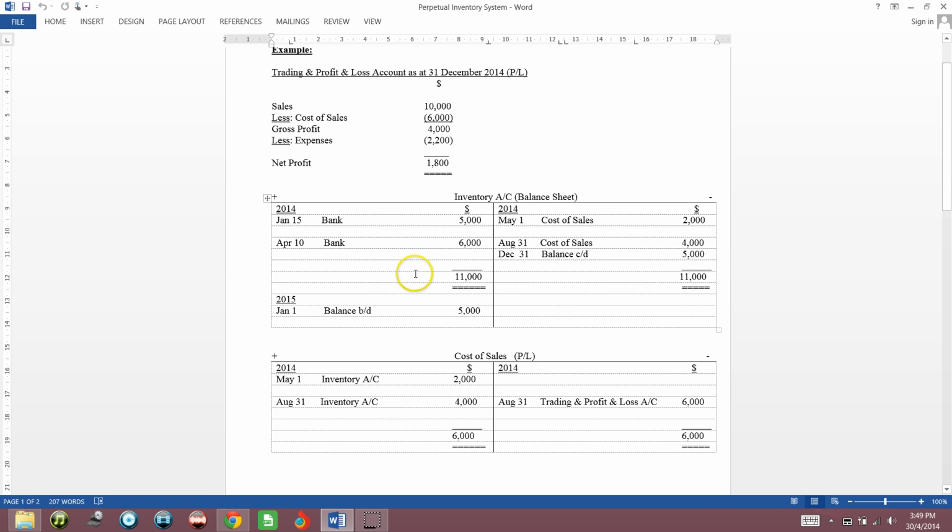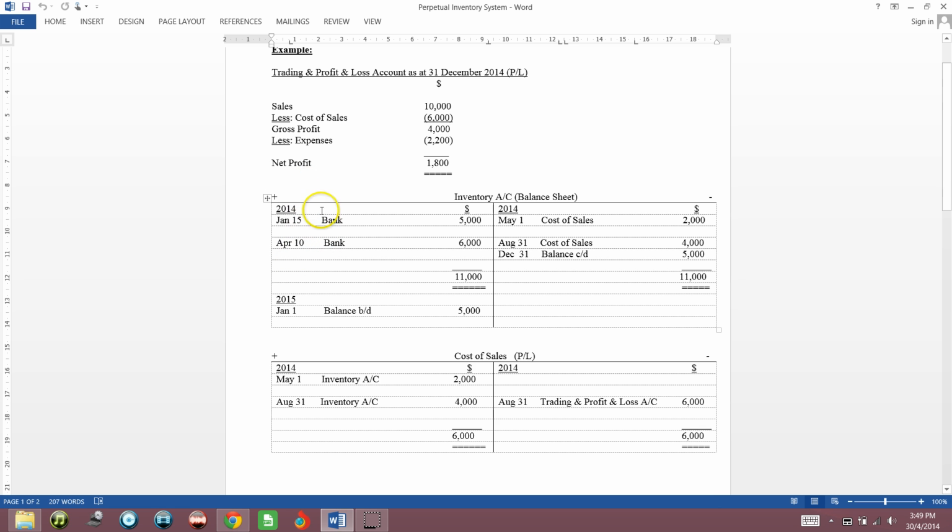So this inventory in the balance sheet is an asset, so it is of debit nature, so it is supposed to be a debit balance. On this left side, which is the debit side, I put a plus, because this represents the increase in inventory.